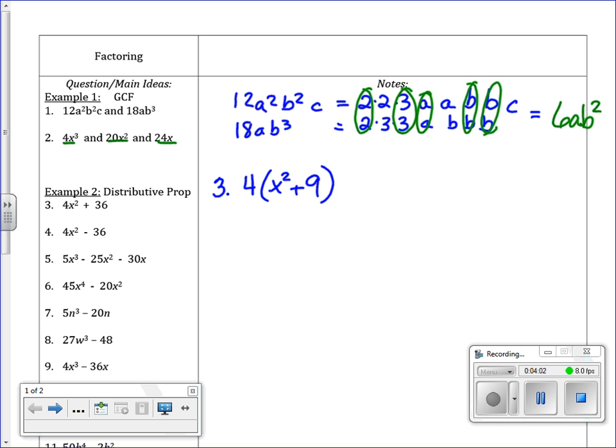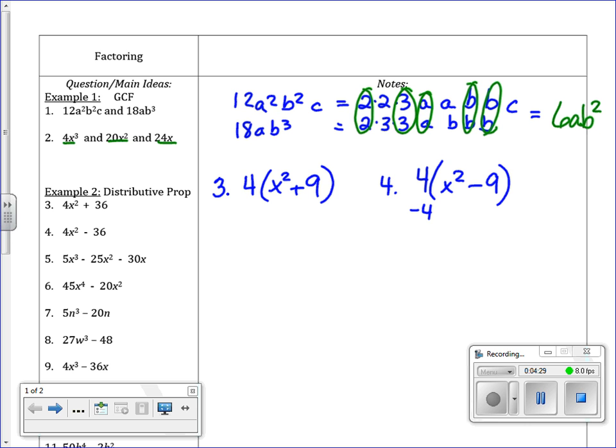All right, same with number 4. Not that big of a deal. I would end up with 4, and the difference would be x squared minus 9. Another way you could actually write it, which I would not suggest doing, but we want to be able to think of this because there might come a time when you have to do this, would be negative 4.